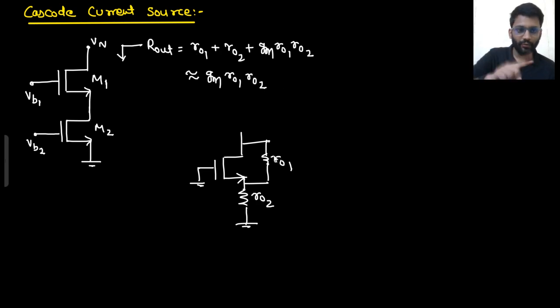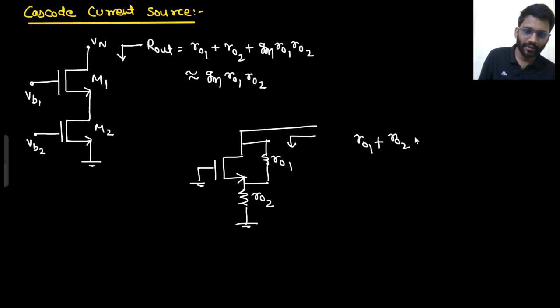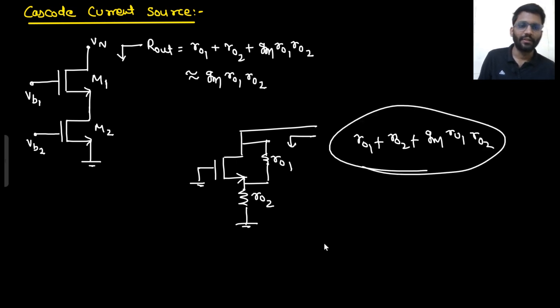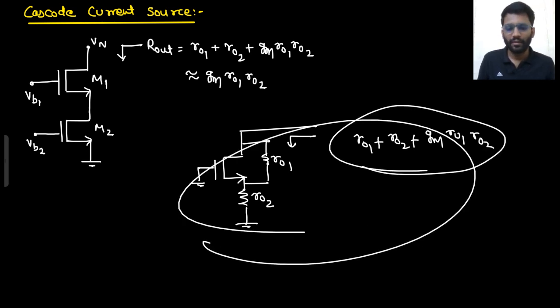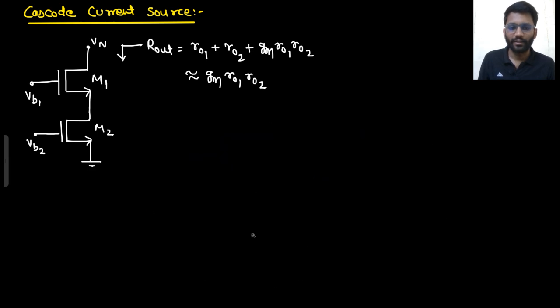You just have mugged up one formula, r0 plus Rs plus gm r0 Rs. By using that only you are writing the impedance. From here you are writing the impedance, that would be r01 plus r02 plus gm r01 r02. That's it. Well and good. Directly you are writing the formula.